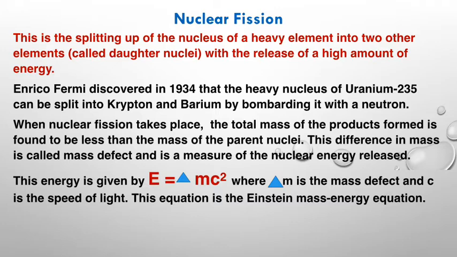That energy is given by E equals delta m c squared, where delta m is the mass defect, the difference in masses of the product and the reactant side, and c is the speed of light. And this equation is what is called the Einstein mass energy equation.